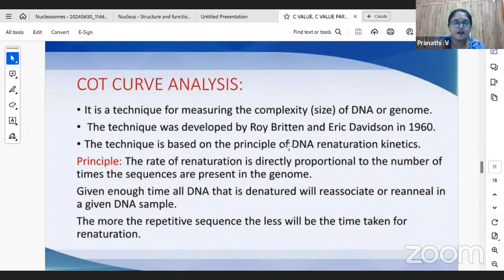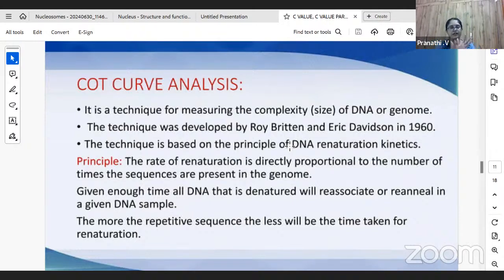When you do RT-PCR, you have denaturation, annealing, and again renaturation taking place, right? So whenever renaturation takes place, the rate of renaturation is going to be directly proportional to the number of times that particular DNA sequence is present in the genome.